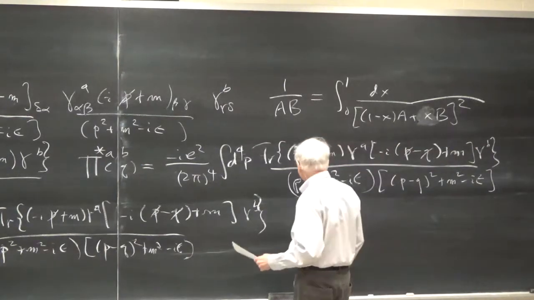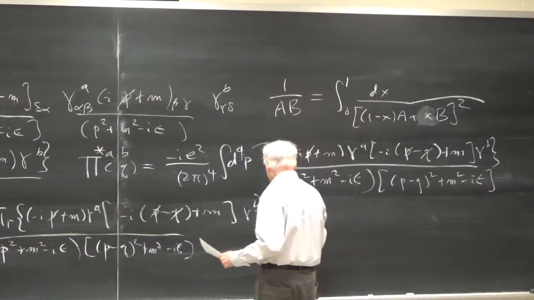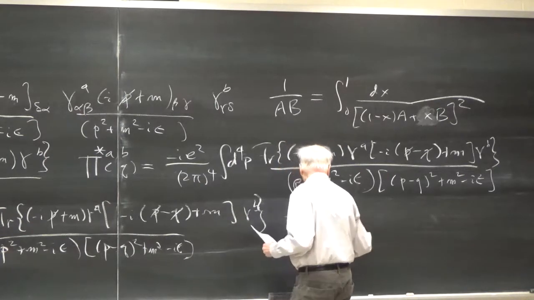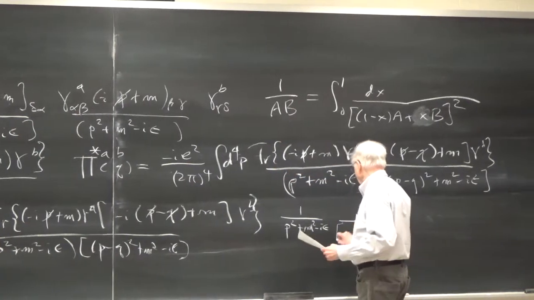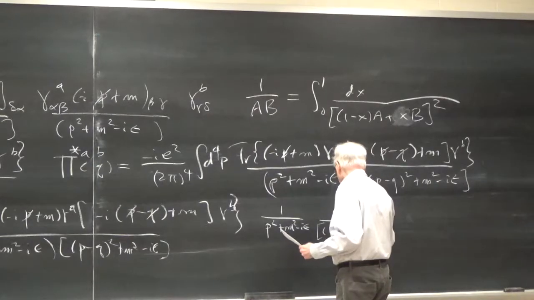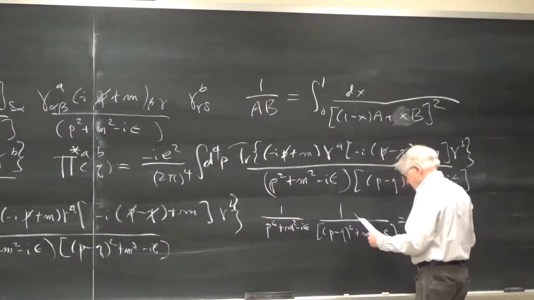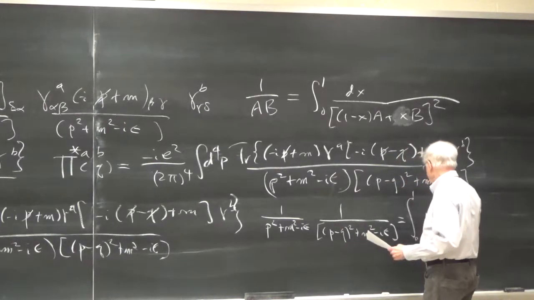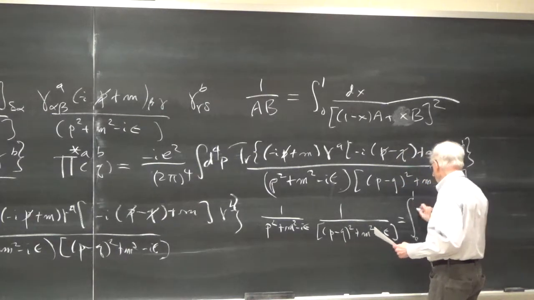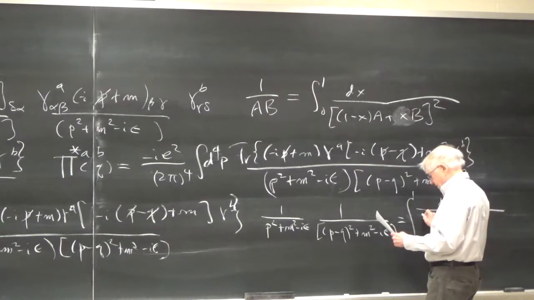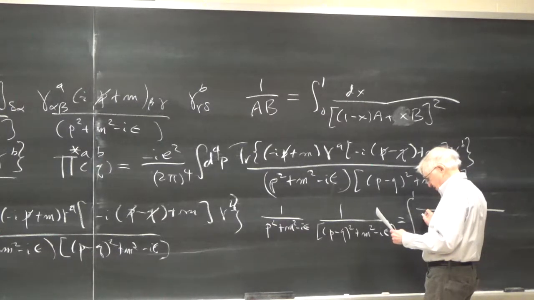And in particular, we're going to write this denominator 1 over p squared plus m squared minus i epsilon times 1 over p minus q squared plus m squared minus i epsilon. I'm going to write that as an integral 0 to 1 dx over something squared. And I'm just checking how many parentheses I need here.